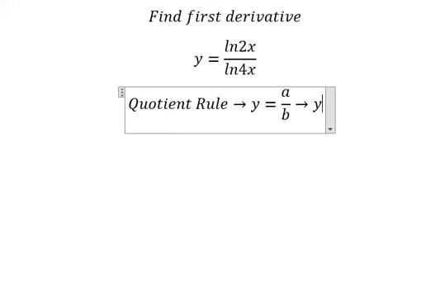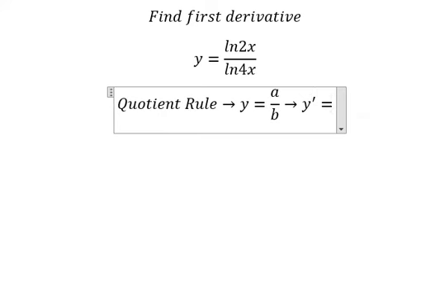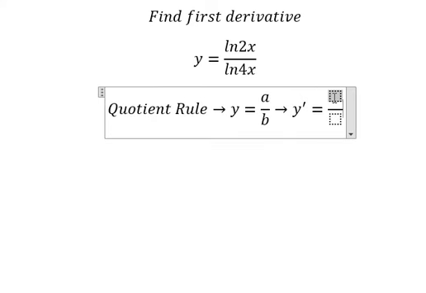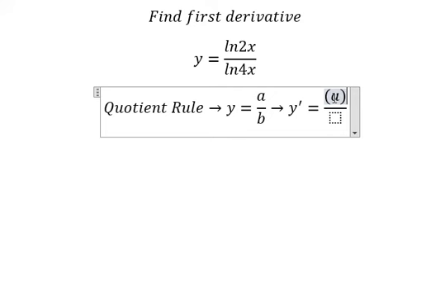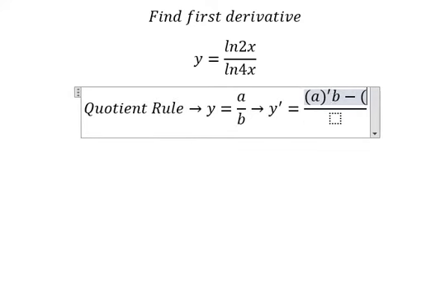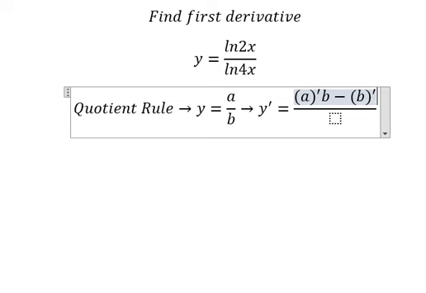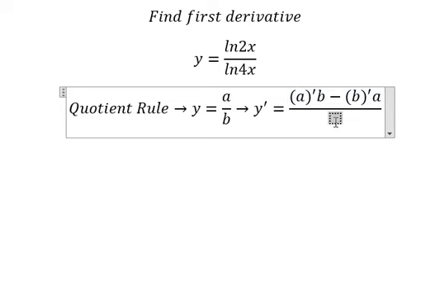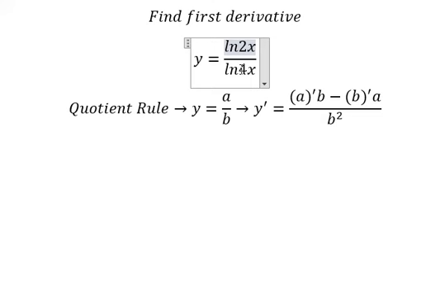So if I do first derivative, we do first derivative of a multiplied by b, minus first derivative of b multiplied by a, over b squared. Now this is about a, this is about b.